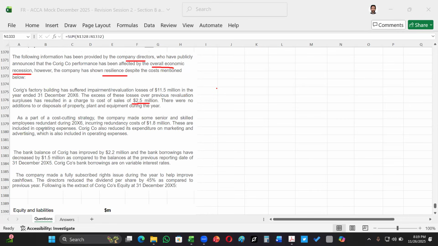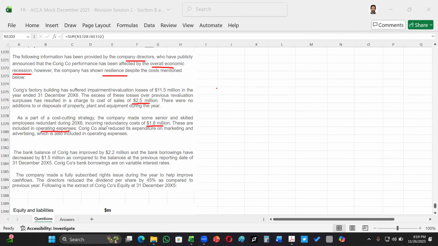Okay, so that really now makes sense that these are one-off costs which are only in this year, because we have had this cost cutting strategy and we have made some employees redundant and we have to pay some redundancy costs, and those are included in the operating expenses. So these costs are not going to be in the next year. These costs are only for this period. So we can say that things might get better in future.